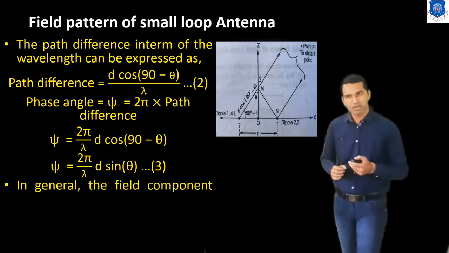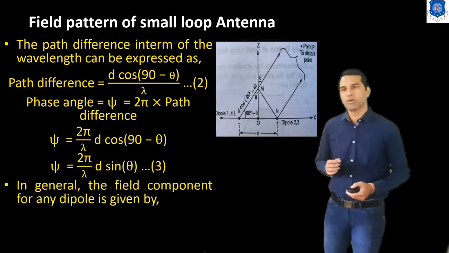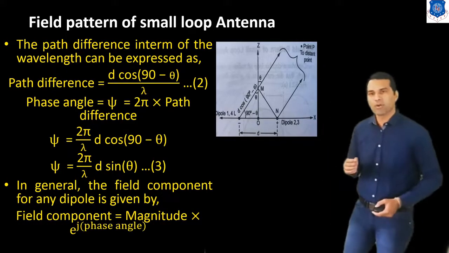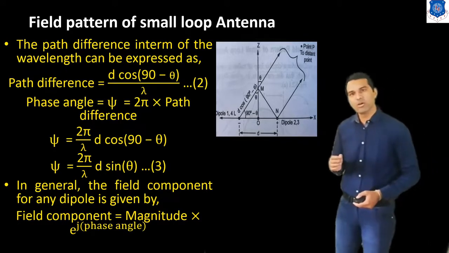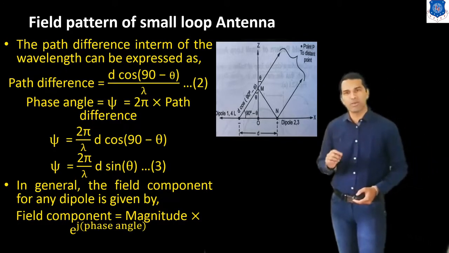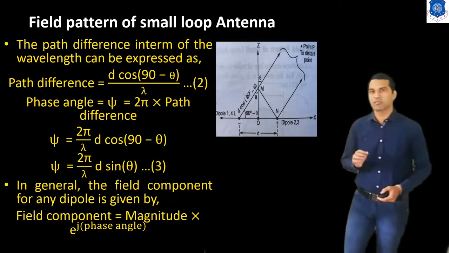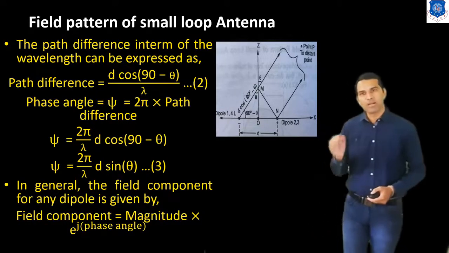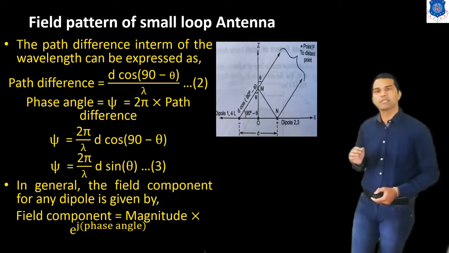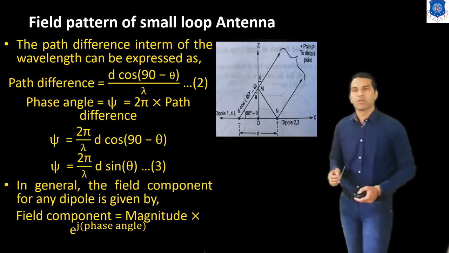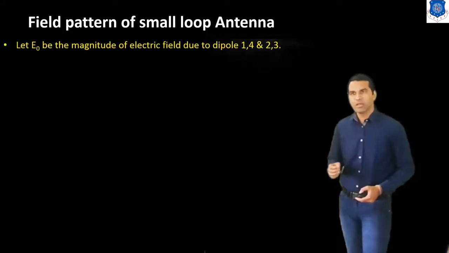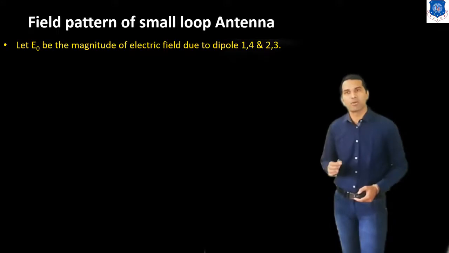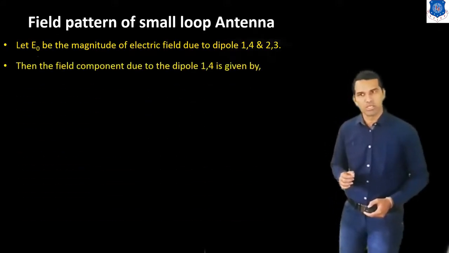Now in general, the field component for any dipole is given by the magnitude into e raised to j times the phase angle. So this is the general equation for the field component of the dipole. So let E0 be the magnitude of the electric field due to dipoles 1, 4 and 2, 3.